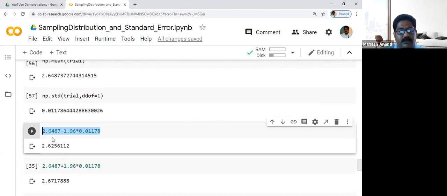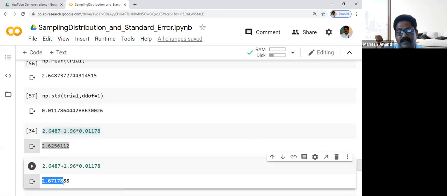So 2.648 minus 1.96 times this standard deviation gives the lower bound, and plus gives the upper bound. So the 95% confidence interval range is 2.625 kg to 2.67 kg. This is the more theoretical but expensive approach.